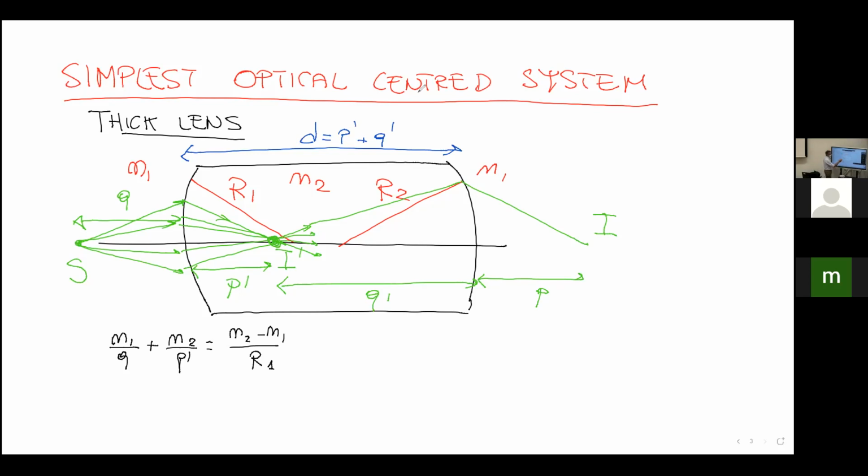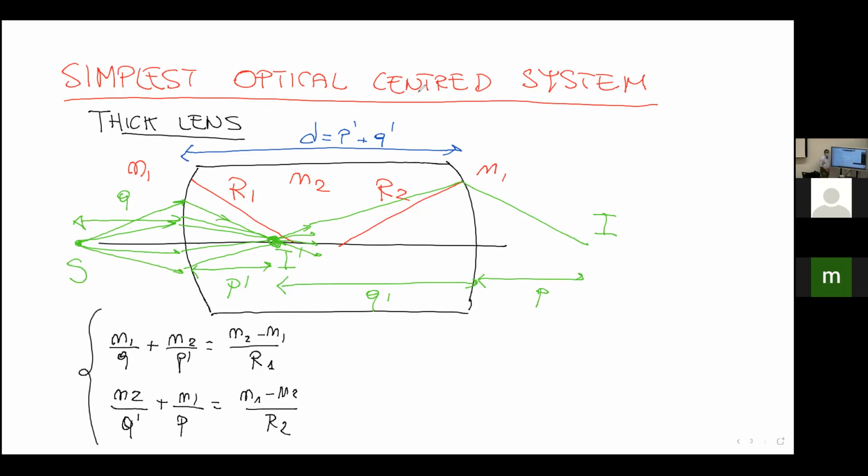You can write the equation for the second diopter. So you can write N2, that is the medium from which you are arriving when you go to that interface, divided by Q prime, plus N1, that is the arrival medium, divided by P, must be N1 minus N2 divided by R2.